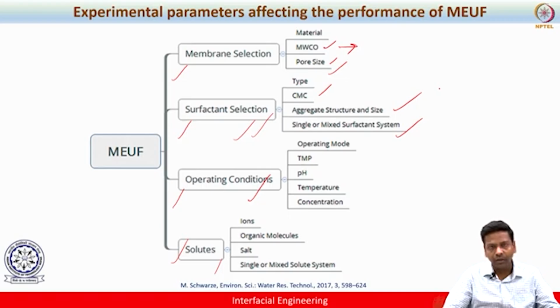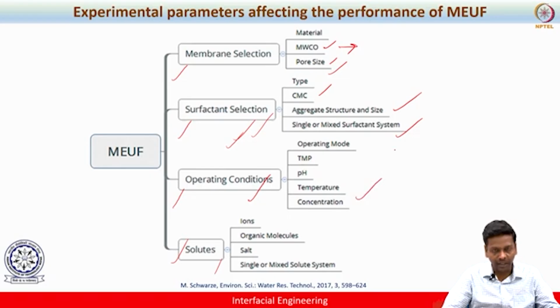Sometimes using a co-surfactant will be economical because the efficiency of the process may be better with a mixed surfactant system. So these are various guidelines when you want to choose the surfactant solution.